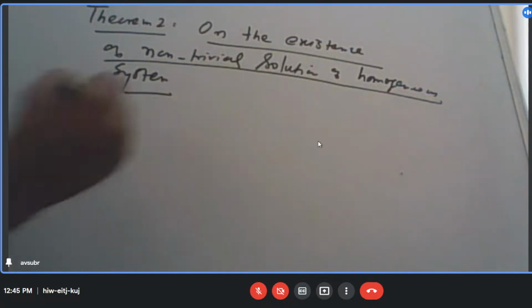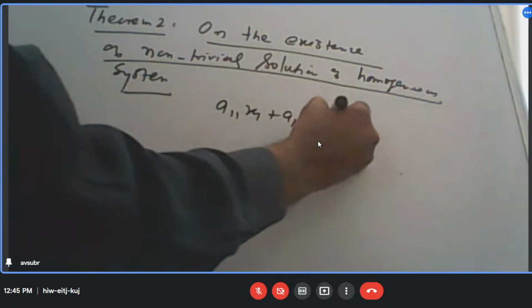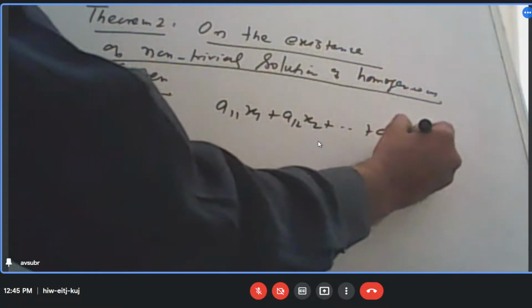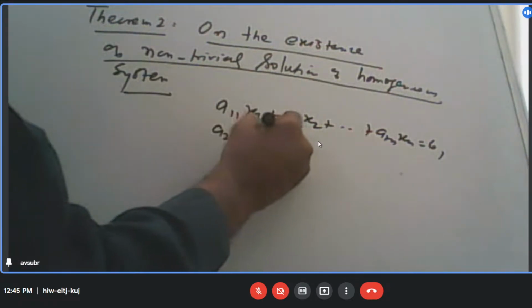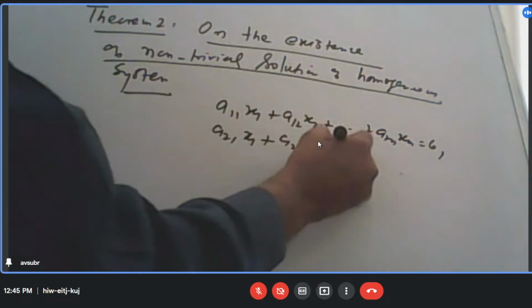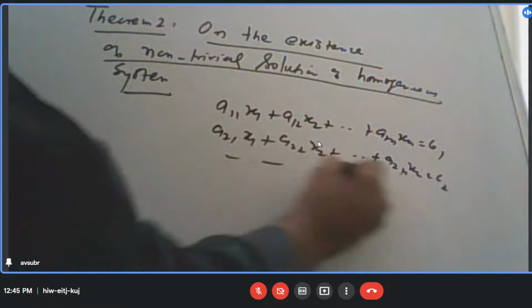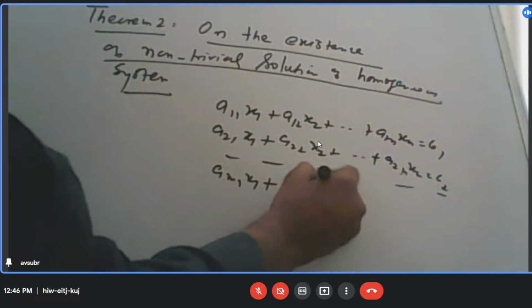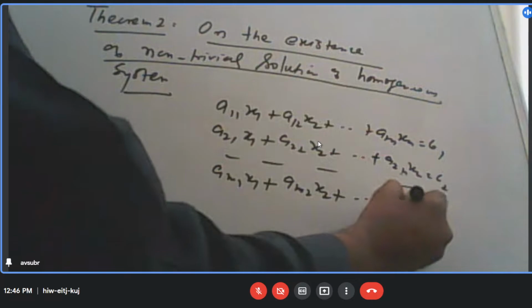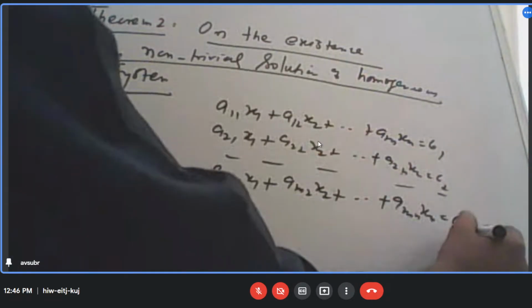So what is your homogeneous system? a11 x1 plus a12 x2 and so on and so forth, plus a1n xn is equal to b1. a21 x1 plus a22 x2 and so on, plus a2n xn is equal to b2. And like that, am1 x1 plus am2 x2 and so on, plus amn xn is equal to bm.